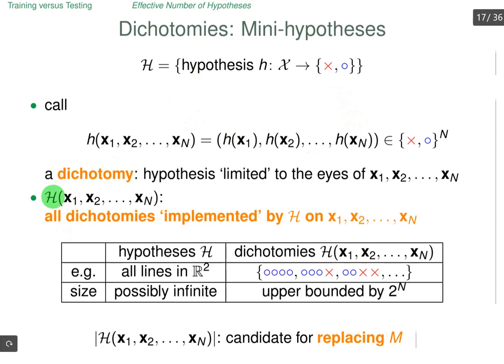So H of these all inputs will mean all dichotomies implemented by our hypothesis set on all points.